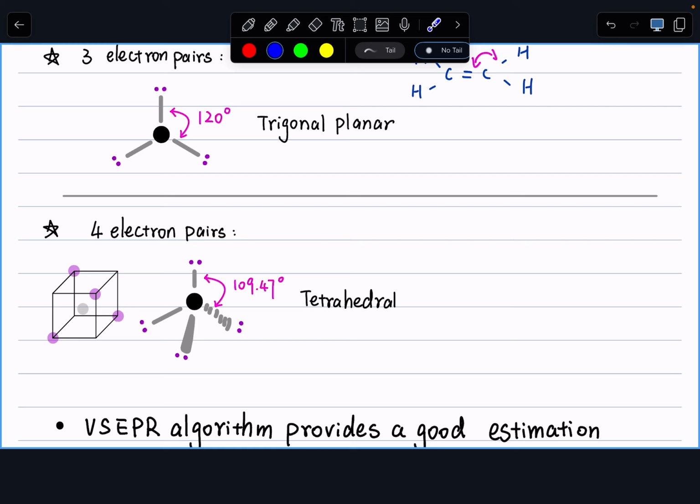When we're drawing the tetrahedral geometry, let's say methane, we put the carbon in the center. We have 2 hydrogens that are on the plane of my paper, and then a hydrogen that's wedged out. When we draw it as a wedge, it means it's pointing towards you. And also another hydrogen that's dashed into the plane of the paper.